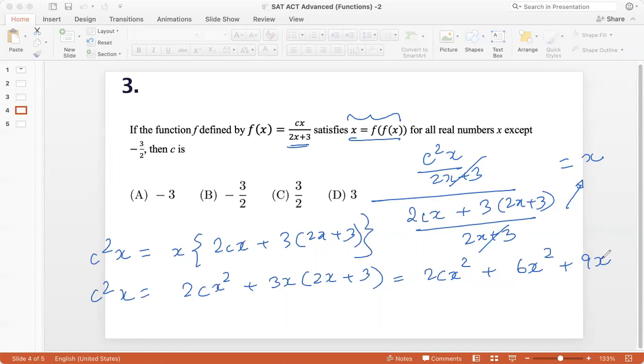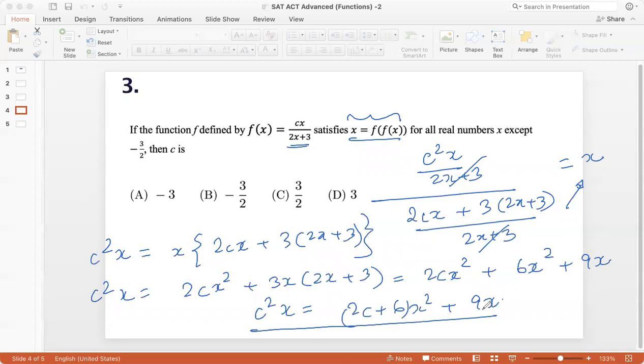If I bring the like terms together, I would get c²x is (2c+6)x² + 9x. And this is true for all real numbers x.